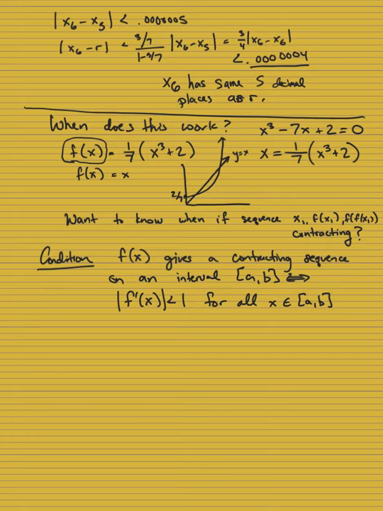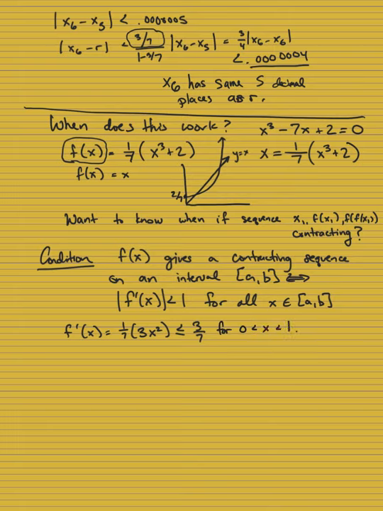Notice here for our example, f prime of x is just 1/7 times 3x squared, and this is less than 3/7. It shouldn't be too much of a surprise that this 3/7 bound is exactly what you get from the derivative when you have x between 0 and 1.